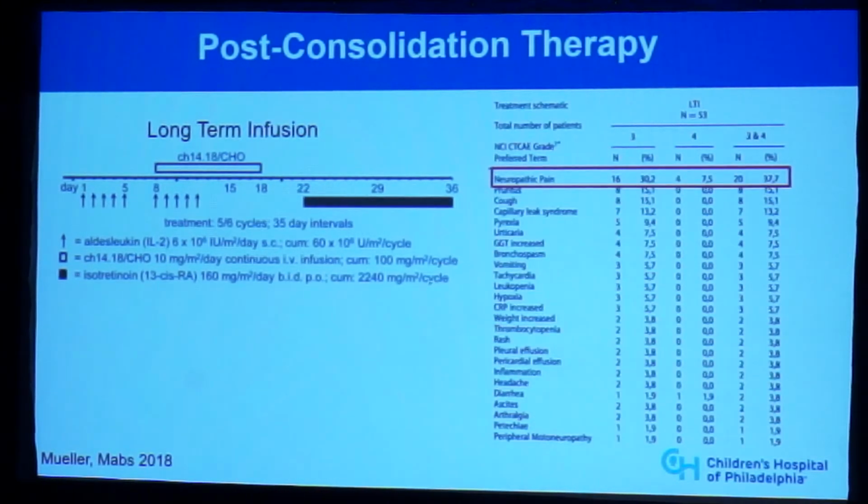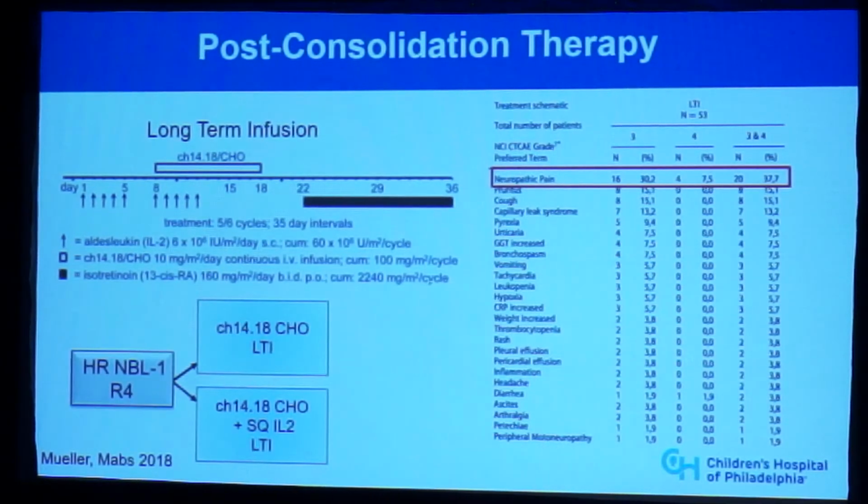And what these investigators have found is a particularly dramatic reduction in the incidence of pain. So a question that should be asked is whether the long-term infusion in the context of IL-2 results in an improvement over the long-term infusion alone. Many of us would certainly like to get rid of IL-2 as a component of therapy, but it remains to be seen whether that will be as effective.